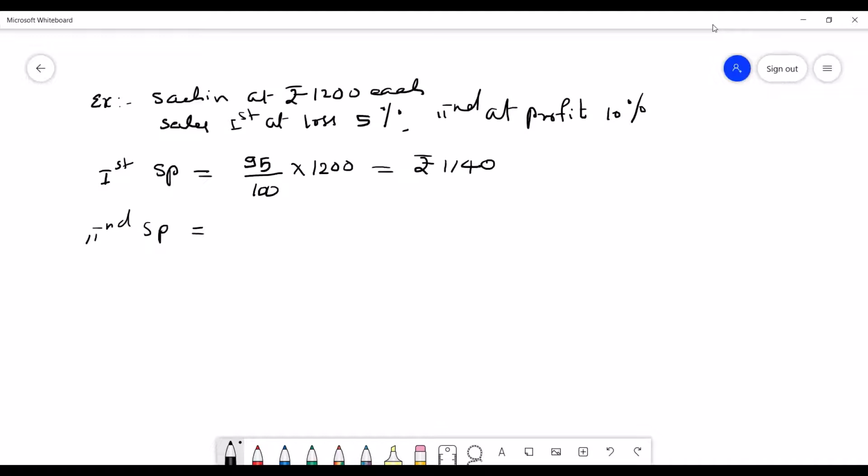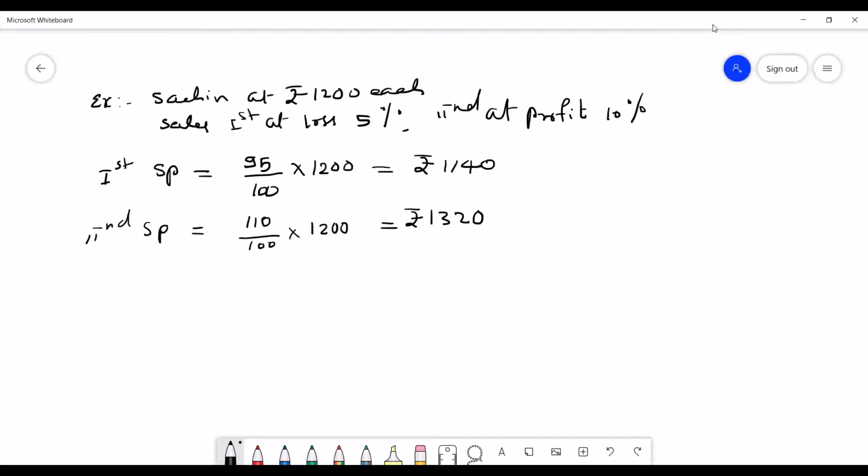And for the case of the second fan, SP means selling price. Here a profit is being made at 10%. So 100 will become 110 divided by 100 times 1,200. So here we are getting the answer 1,320 rupees.